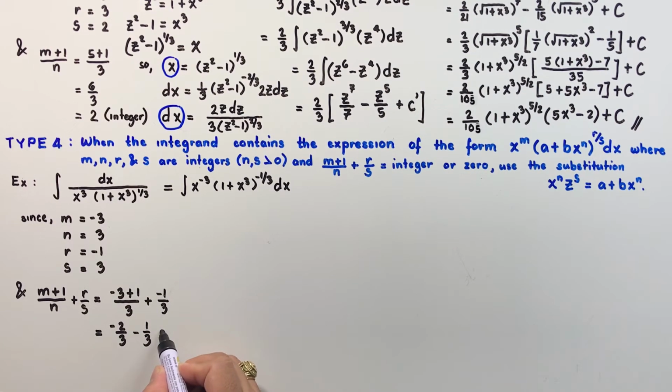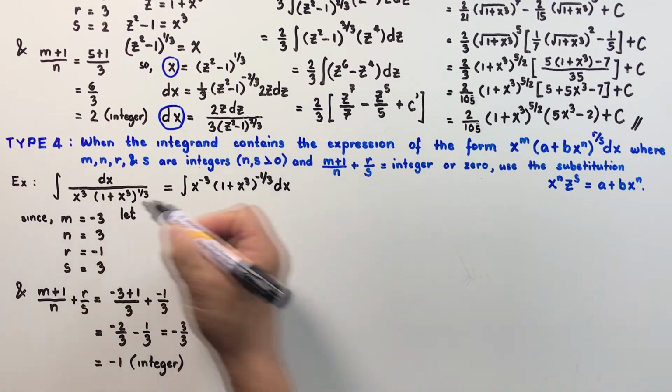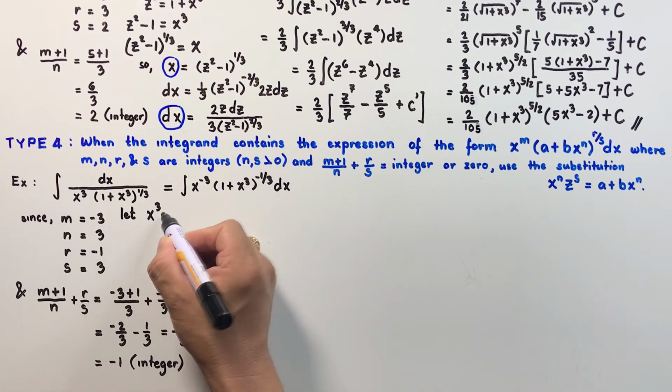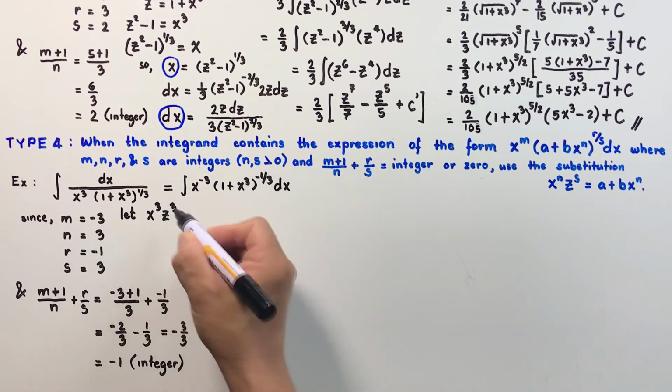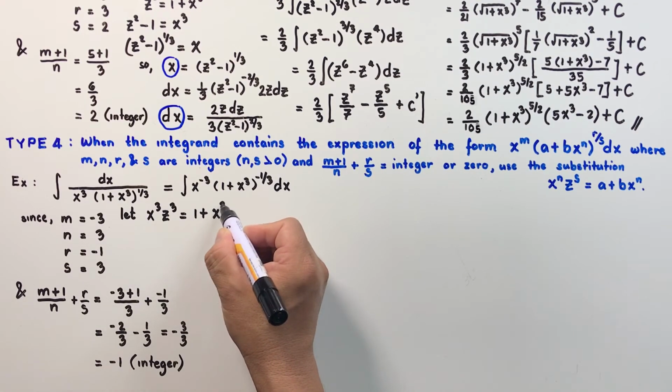And we know that -2/3 minus 1/3 is -3/3. And -3/3 is -1, which is an integer here. So since it satisfies the condition for type 4, we use our substitution, which is this one here, that this is x to the power of 3 times z to the power of 3, which is equal to 1 plus x cubed.